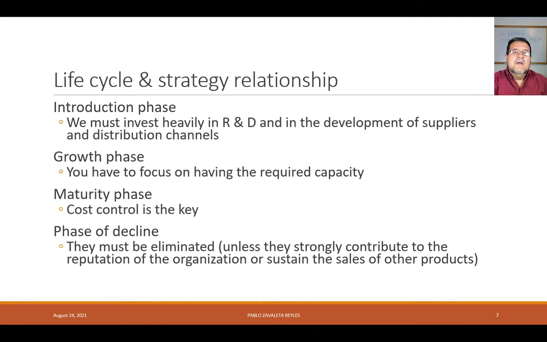However, there are products that, even though they do not contribute directly to our profit margins, are needed because they embody an image of the organization.